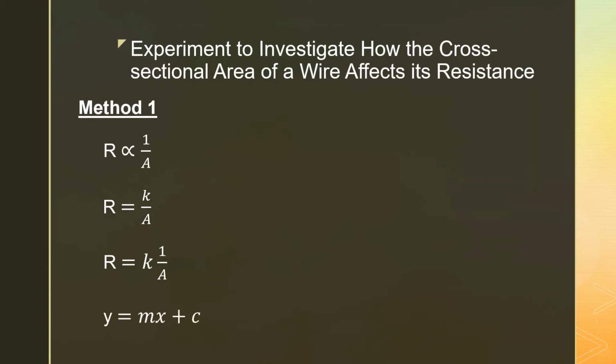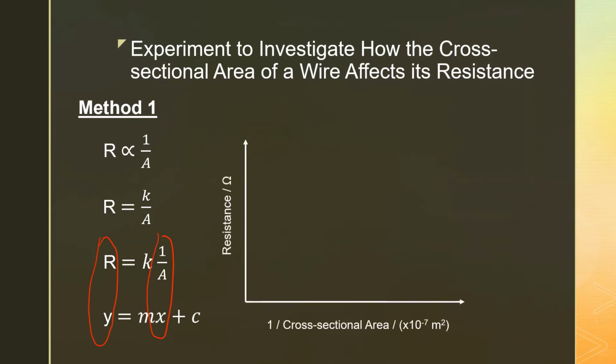Now, if you think about this, if I were to plot R on the y-axis and 1 over A on the x-axis, our gradient would be equal to K, which is a constant. So if our statement that R is inversely proportional to A is true, if we plot resistance against 1 over the cross-sectional area, the one we just showed you was resistance against the cross-sectional area.